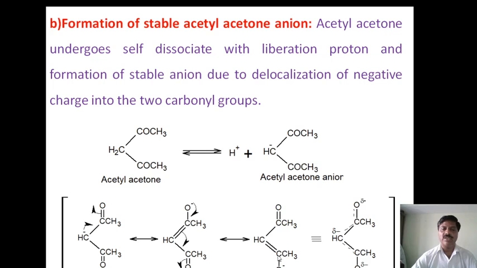Therefore, the electron density will flow from this oxygen atom at one end to the other end via the methylene group. Hence, the methylene group is more acidic in nature, and the methylene alpha hydrogen atom is more acidic in nature. And this completes module number 2.